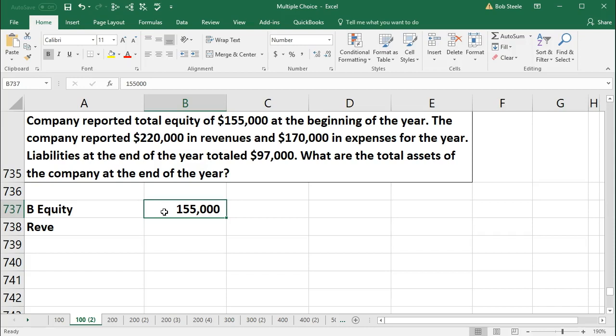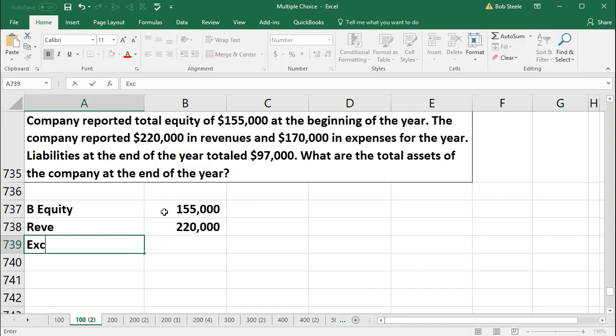But if a problem breaks out net income into revenue and expenses, we can either calculate net income from revenue and expenses, or just recognize the components and note that revenue will increase equity, 220,000, and expenses will decrease the total equity. So I'll put that in as a negative, 170,000.